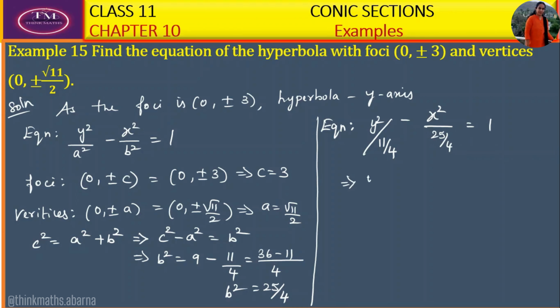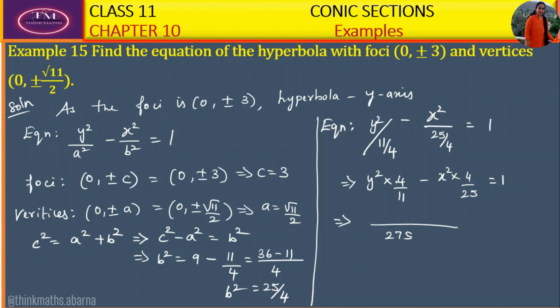So now taking this 11 by 4 to the numerator, it will be 4 by 11 minus x square into 4 by 25 equal to 1. So what we get here? If we take the LCM as 11 into 25, which is 275, we have to cross multiply.